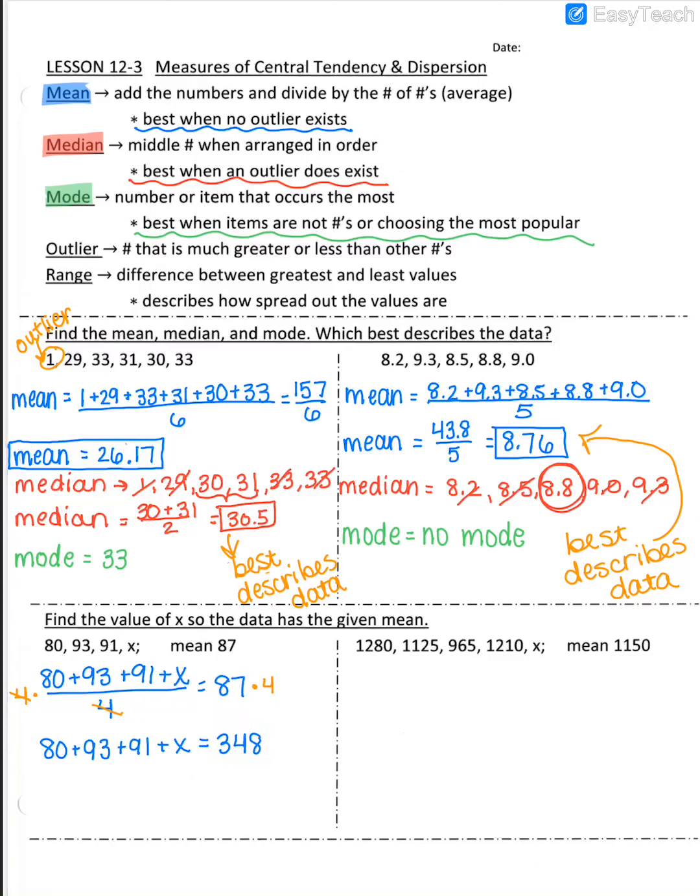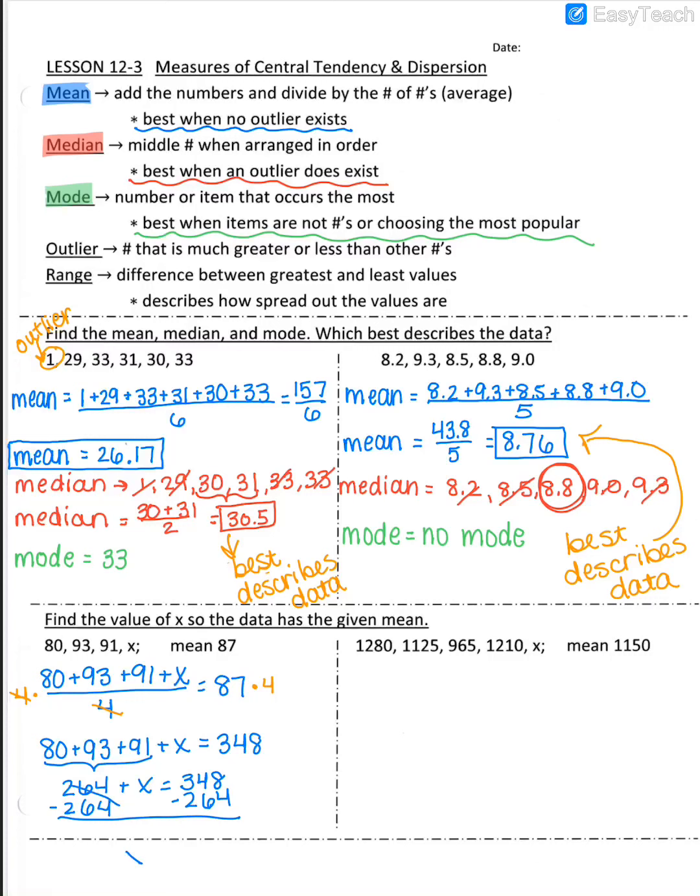Now I'm going to add together these numbers over here on the left. And so I'm going to do 80 plus 93 plus 91. And we get 264. So I have 264 plus x equals 348. Then we subtract over the 264, or whatever number you get in your problems when you do this.